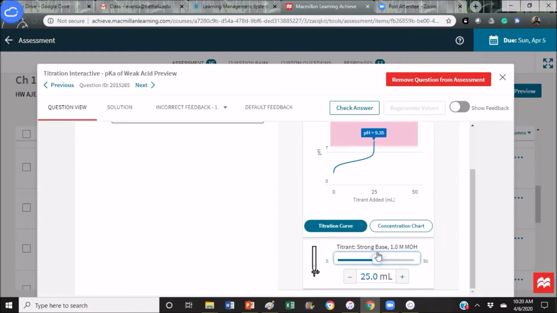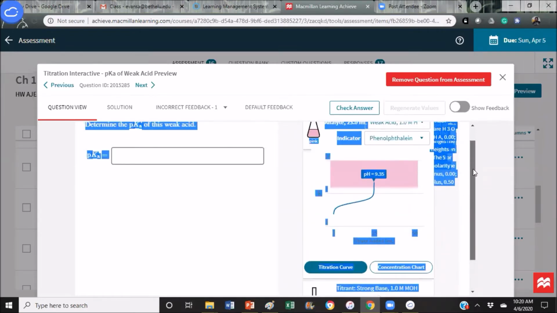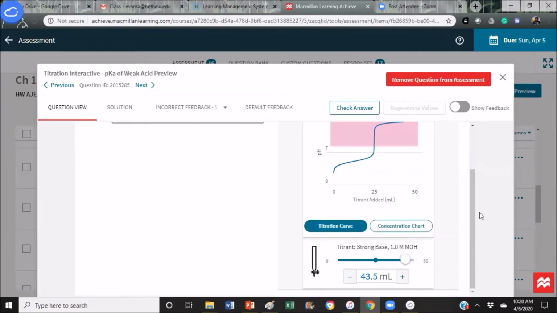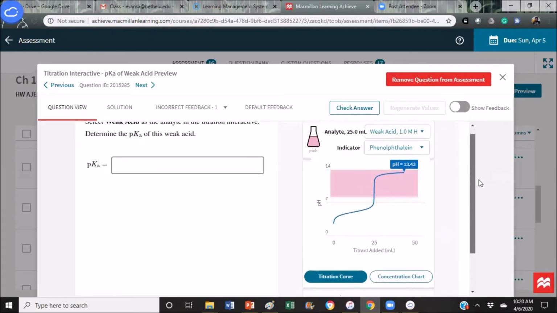So around the amount where it jumps, we go, oh, it's about 25. That seems about a safe bet. 25 is where we have the equivalence point. Now, the half equivalence point of a weak acid is going to be your pKa. pH equals pKa.